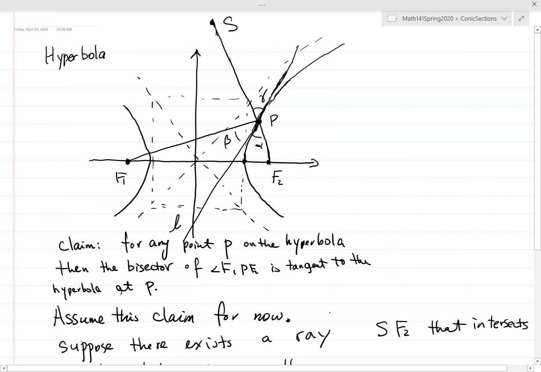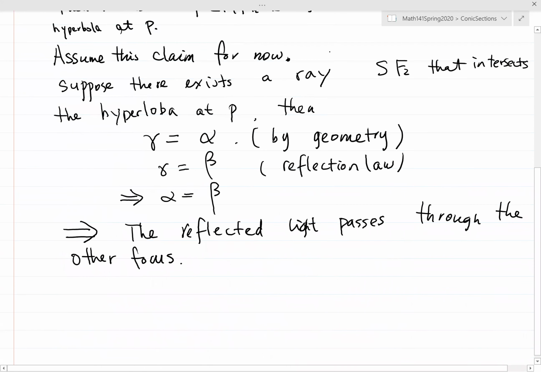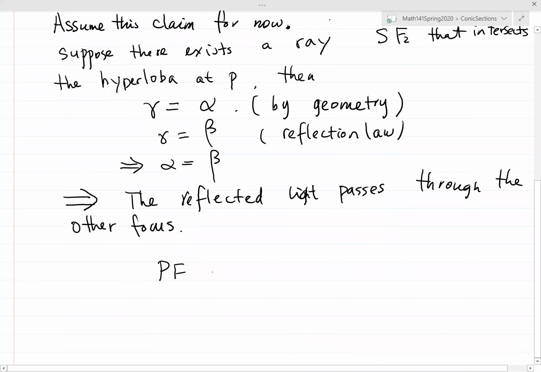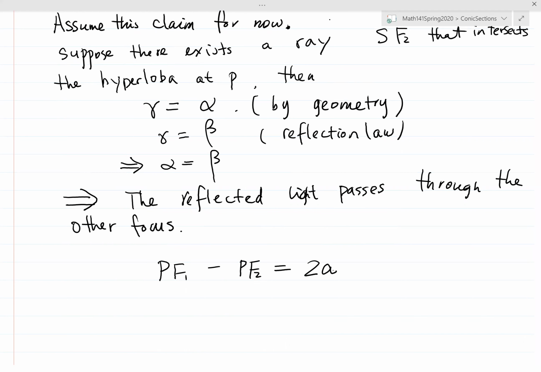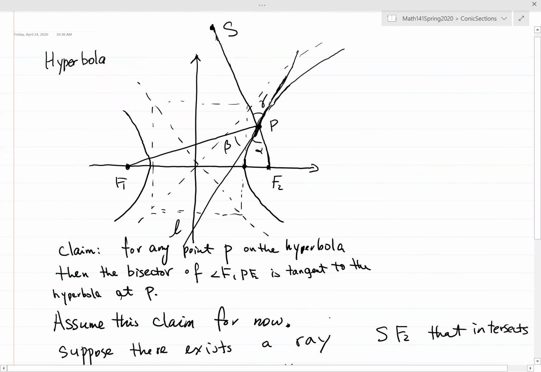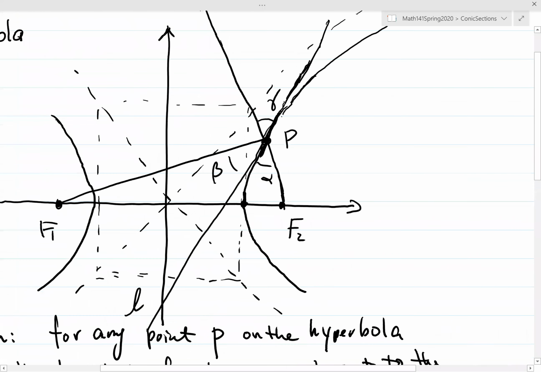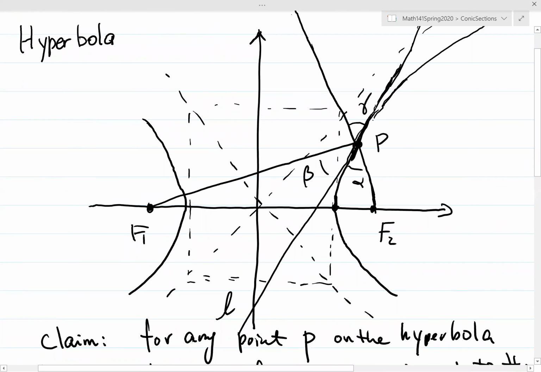The key fact is that the difference PF1 minus PF2 is 2A. Assume you have another intersection and show that this is impossible by the triangle inequality. We don't have time for that, so you may try to work this out.